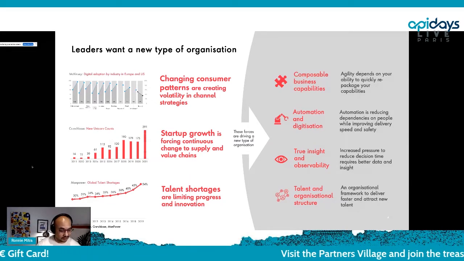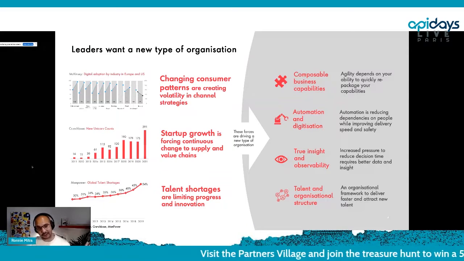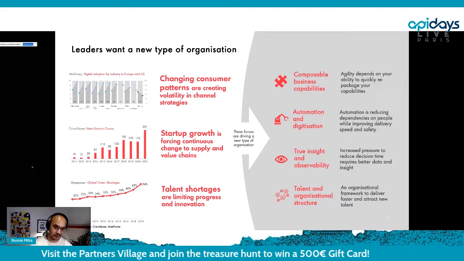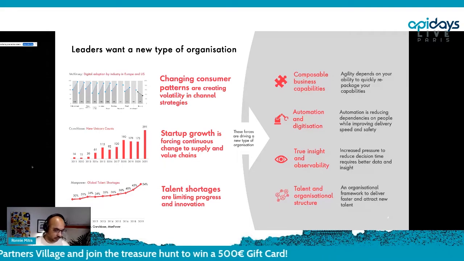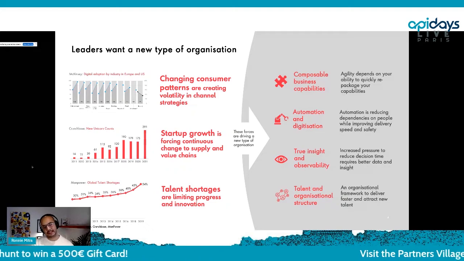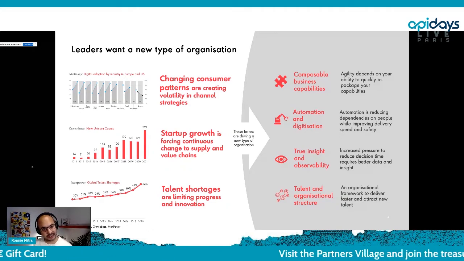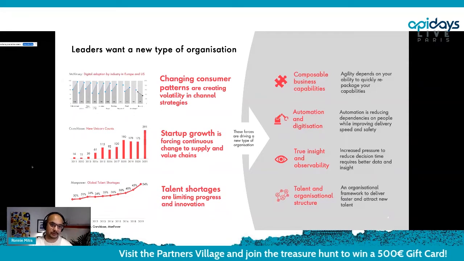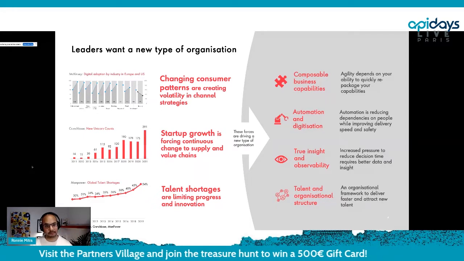We know that the consumer patterns are changing like crazy. And this doesn't mean that everyone is using computers more, right? Or that everyone is using their phone. There's a volatility here. This data from McKinsey is interesting. Digital adoption by industry is showing that there's actually a decline in digital adoption in the grocery industry.